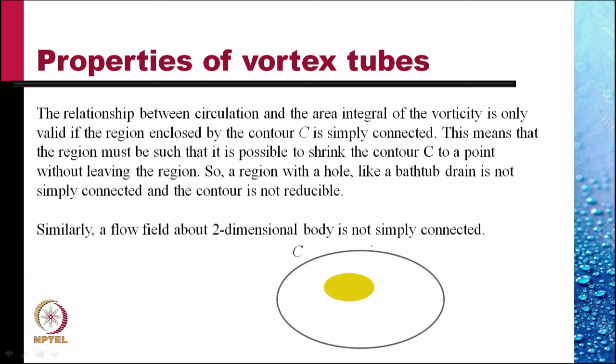In three dimensions, if the yellow body was a three-dimensional body, we could have a capping surface on C which avoids the solid body, and this contour could shrink along the capping surface.